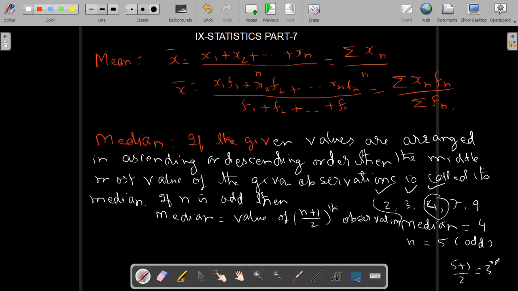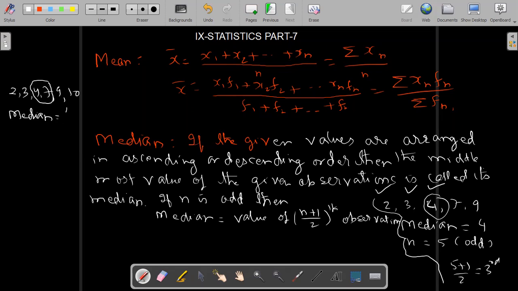So this is if n is odd. But if it is even, suppose you have 2, 3, 4, 7, 9 and 10. Now you have two values in between, not one value. In this case, you will add them and divide by 2.